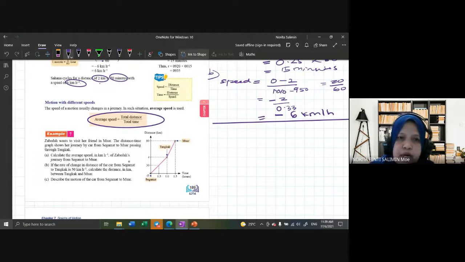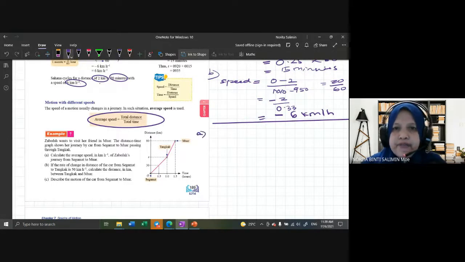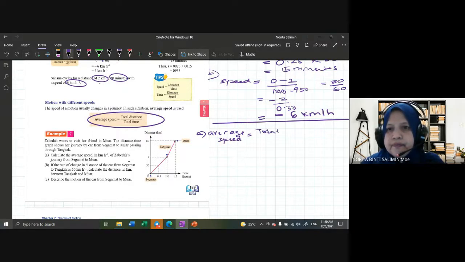From Segamat to MEWAH, what is the average speed? Okay, average speed is equal to total distance divided by total time.